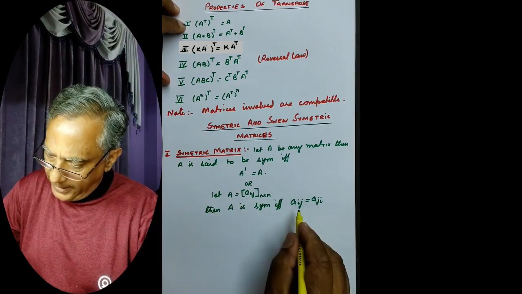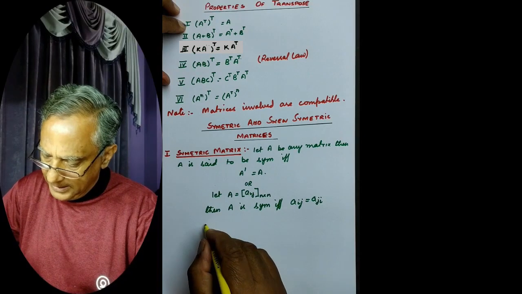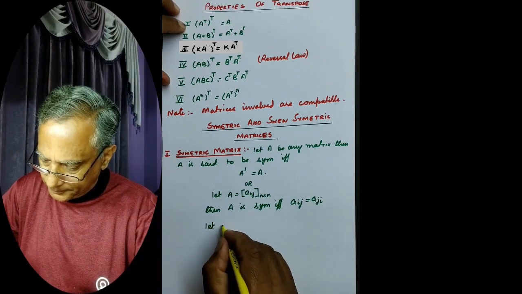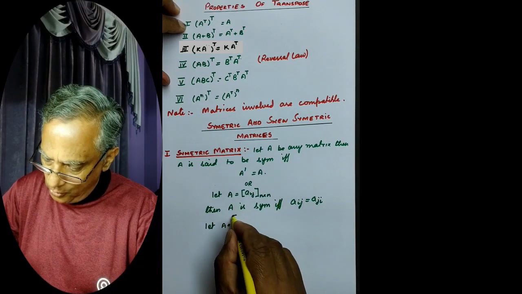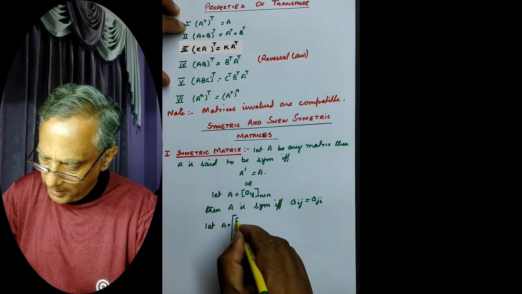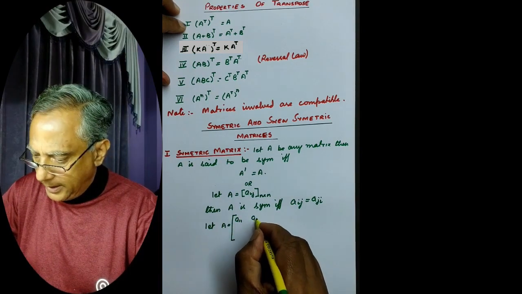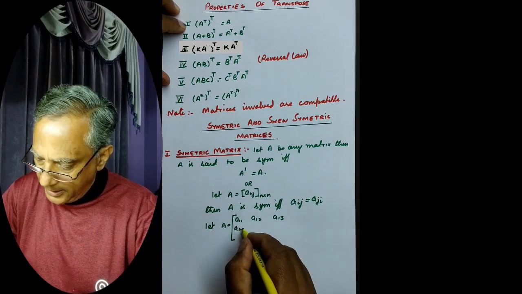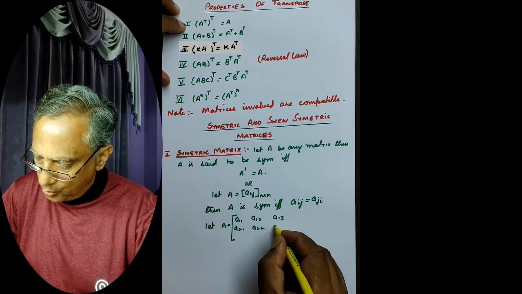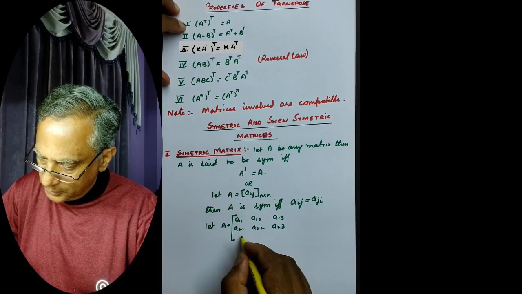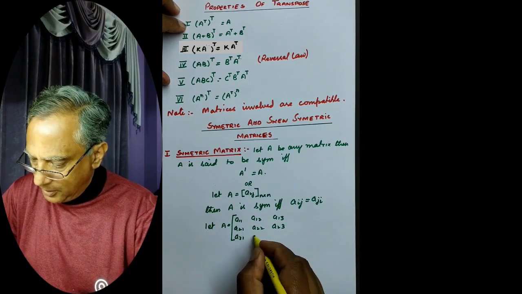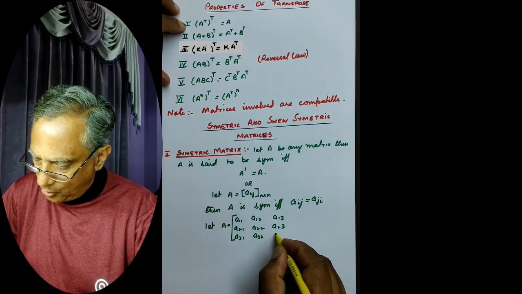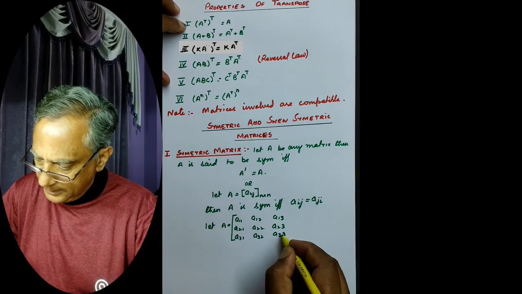Now I take a very simple example. Let A be equal to A11, A12, A13, A21, A22, A23, A31, A32, A33.